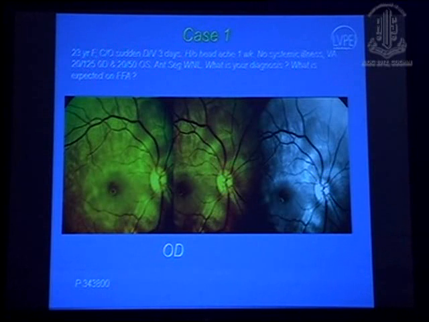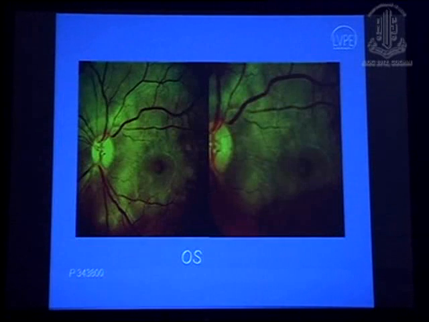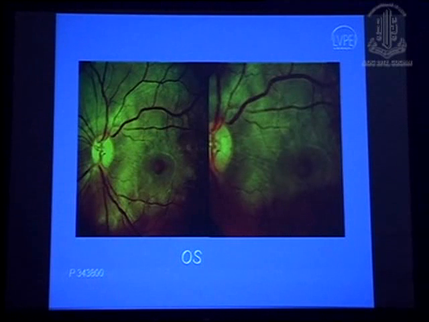This is the left eye picture. See above the optic nerve, the disc appears pale. Then there is a hyperpigmented, well-defined lesion in the macula.